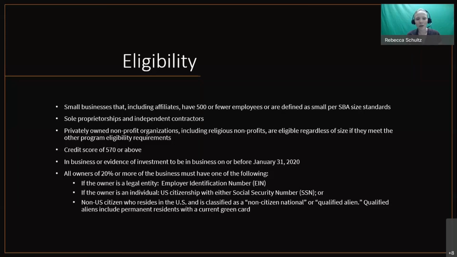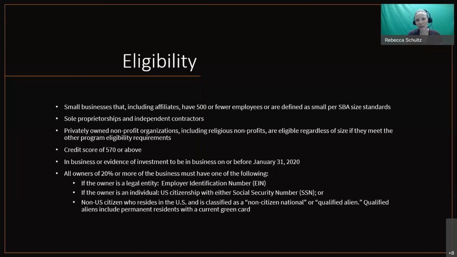All right, next you have to show that you are a small business that has been in operations as of the date of disaster. Now this gets a little confusing because different disaster programs out there, like the PPP and the EIDL, have different start dates because of the legislation that was enacted. The start date for the EIDL is actually January 31st of 2020.